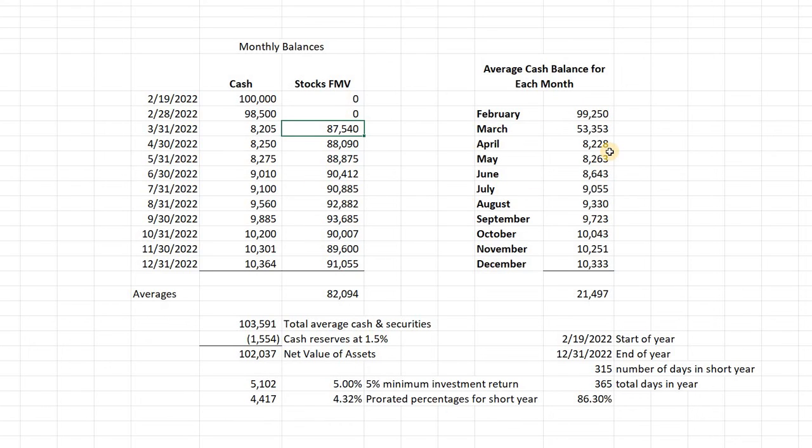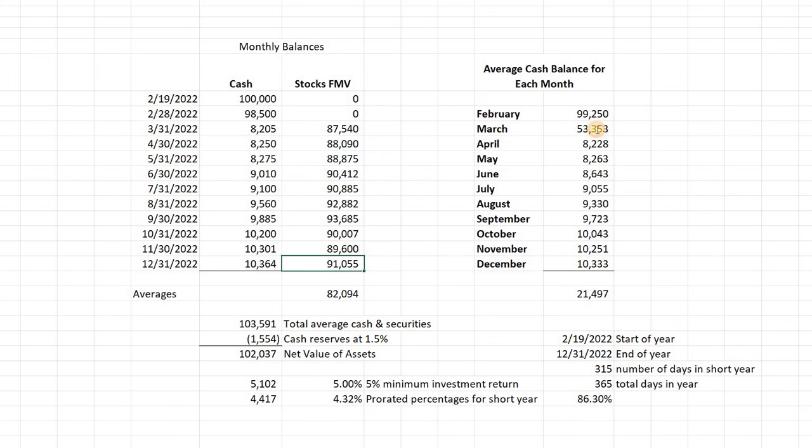Now I have a separate one for the cash because the cash is kind of unique in that stocks you can just average it based on what the fair value is at the end of the month. With cash, you're supposed to use the averages of each month. So you take the beginning of month balance, the end of the month balance, average it, and then do that for each month, and then take the average.